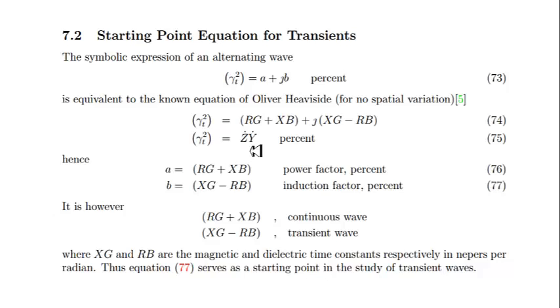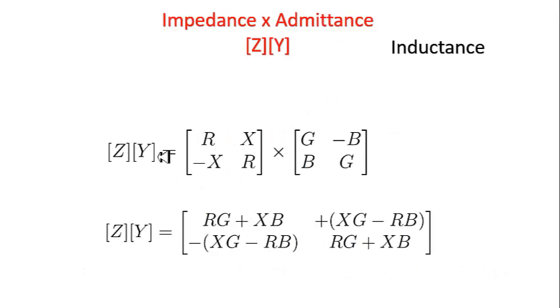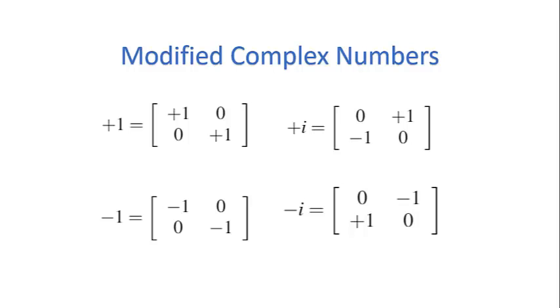And so here Eric Dollard is multiplying z times y and deriving, basically saying that this is Oliver Heaviside's equation, which I have reproduced right here using modified complex numbers.